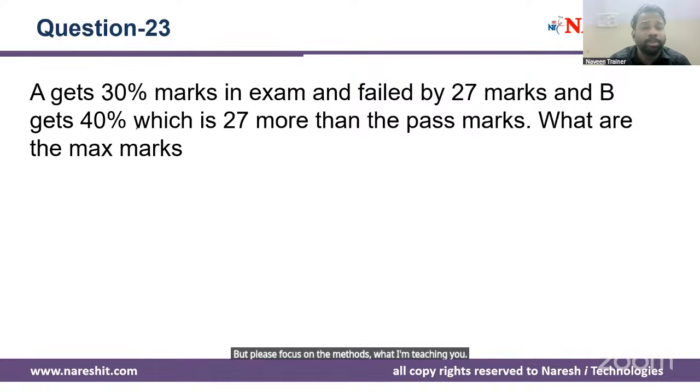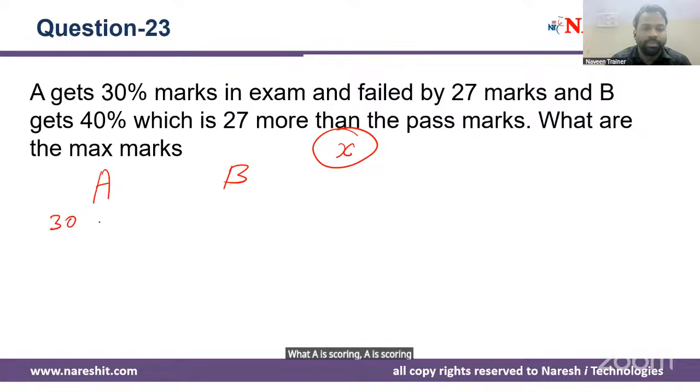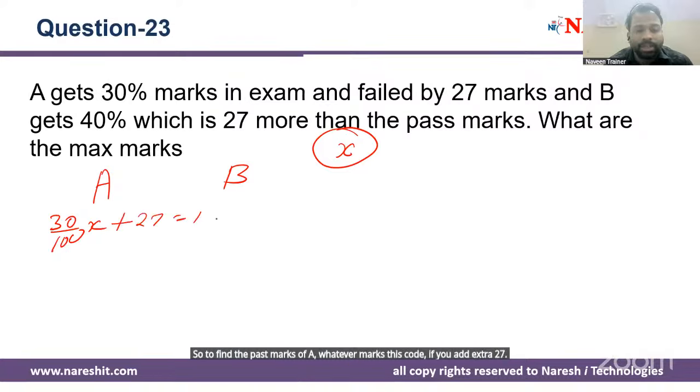This is a question from the topic called percentage. There are two people, A and B. Suppose the total marks in the subject is X. A is scoring 30 percentage of X. This is the marks scored by A, and he failed by 27. So to find the pass marks of A, whatever marks he scored, if you add an extra 27, it will be equal to the pass marks.